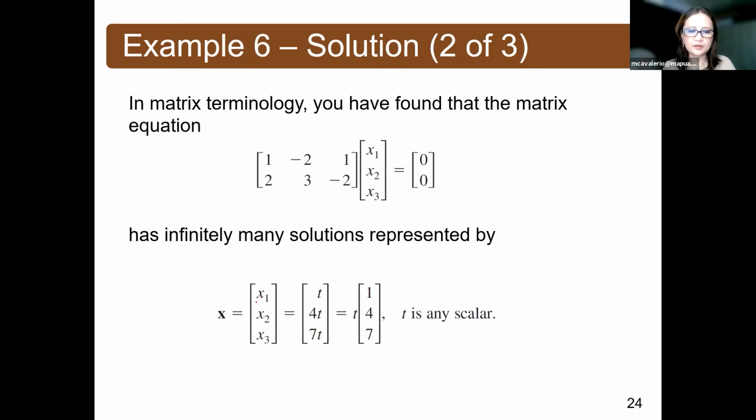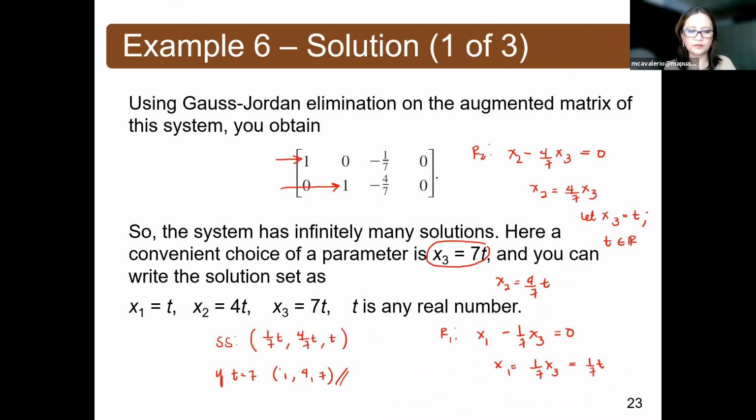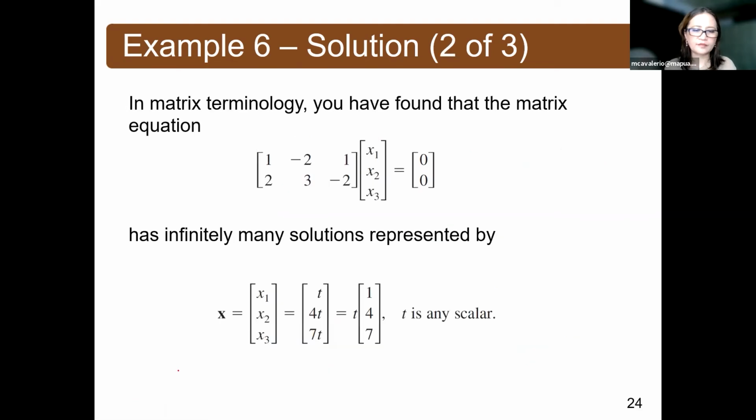So we have the solution vector x consisting of x sub 1, x sub 2, x sub 3, indicating the parameters. You have t, 4t, and 7t. If you factor out t, then we will have the solution 1, 4, 7, where t is any scalar. As you can see here, our answer is also the same, since the particular solution is actually 1, 4, 7, that is multiplied by t.